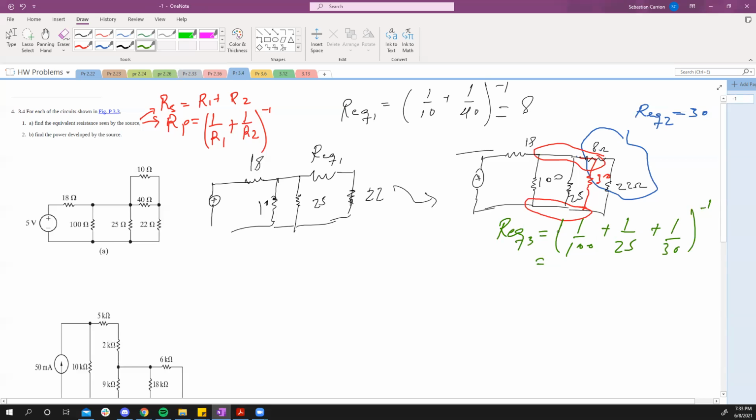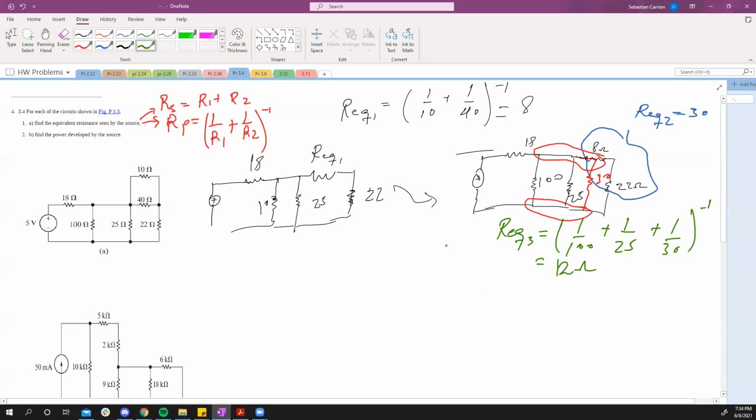I'm going to use my calculator for that. So it's going to be 12 ohms.